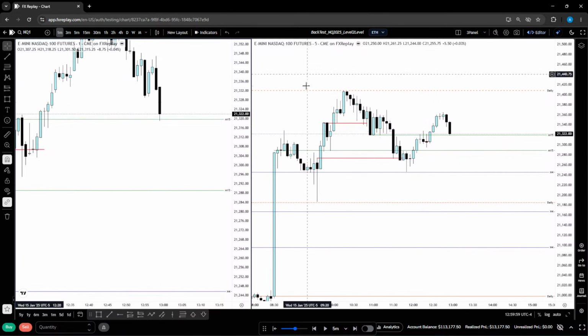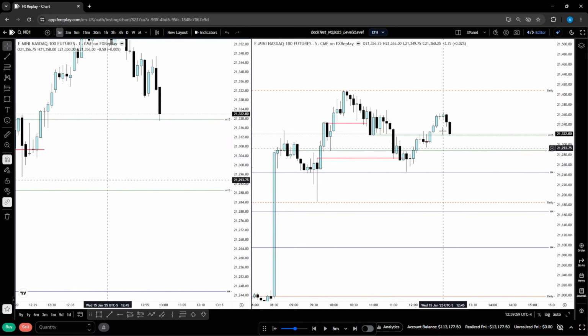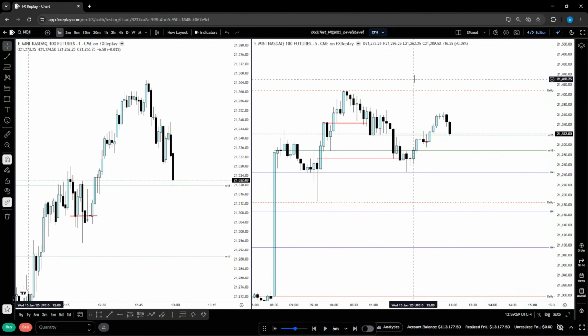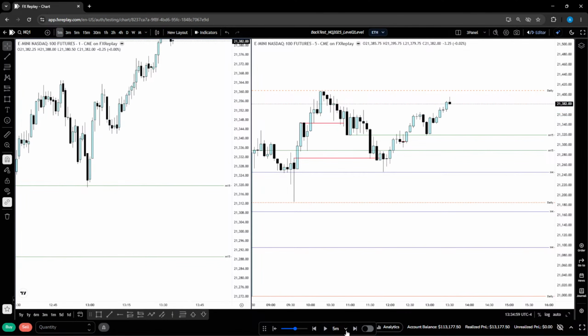Yeah, there's a lot of shorts in this range, so I'm just gonna not take a trade until we go up there or we go below, because we could keep going up and then getting rejected from one of these levels and then drop lower. Ooh, sorry.